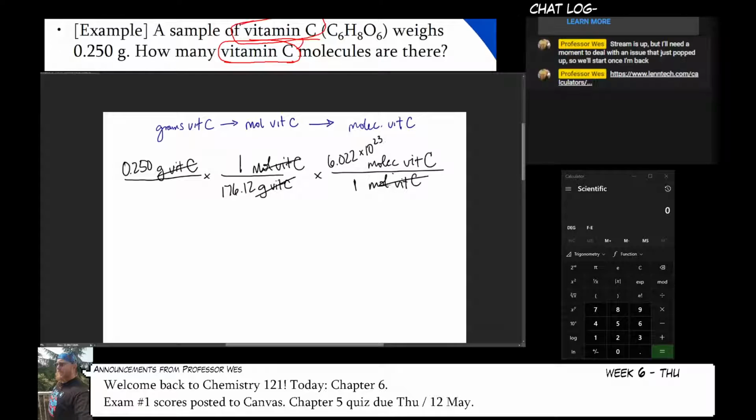There you go. So we'll punch it all in the calculator, and we'll get an answer. 0.250 times 1 times 6.022 times 10 to the 23, divided by 176.12.